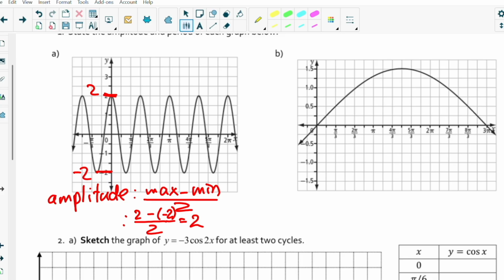I'm going to start somewhere that doesn't require me to do a whole ton of math. If I start here, that's a half cycle. And then I'm going to go a full cycle here. So what is that distance?